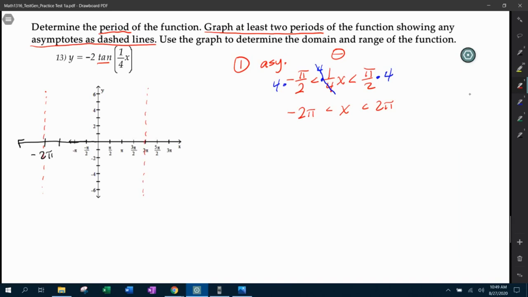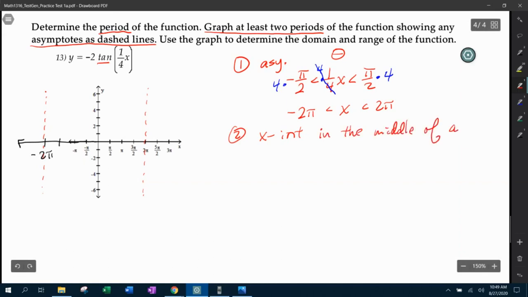That's step number 1. Step number 2, you're going to have an x-intercept in the middle of the asymptotes, okay? Step number 2, x-intercept right in the middle of the asymptotes.